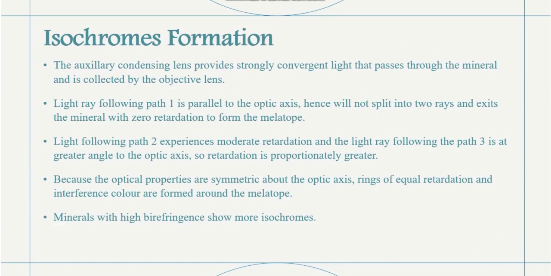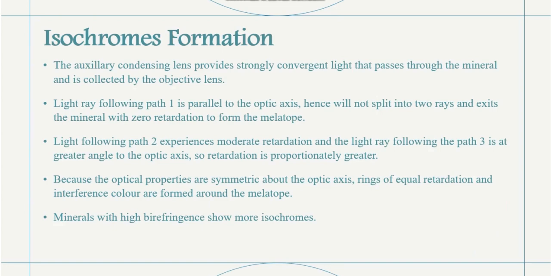Like we said, the auxiliary condensing lens provides strongly convergent light that passes through the mineral and is collected by the objective lens. Path 1 is parallel to the optic axis and will not split into two rays, and it will exit the mineral with zero retardation, and it will form the melatope. Around the melatopes we have the isochromes.